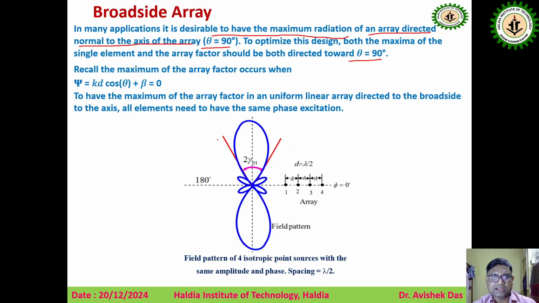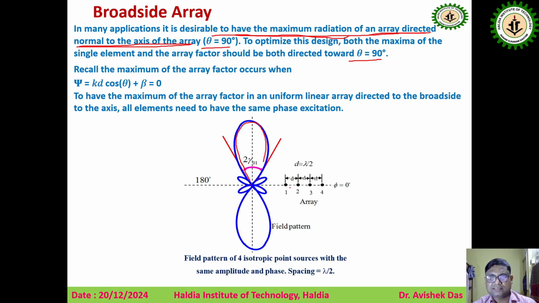So this is the figure of the broadside array. Broadside array means the maximum radiation occurs at 90 degrees to the axis. So here it is told in the definition of the broadside array: to have the maximum radiation of an array directed normal to the axis of the array.